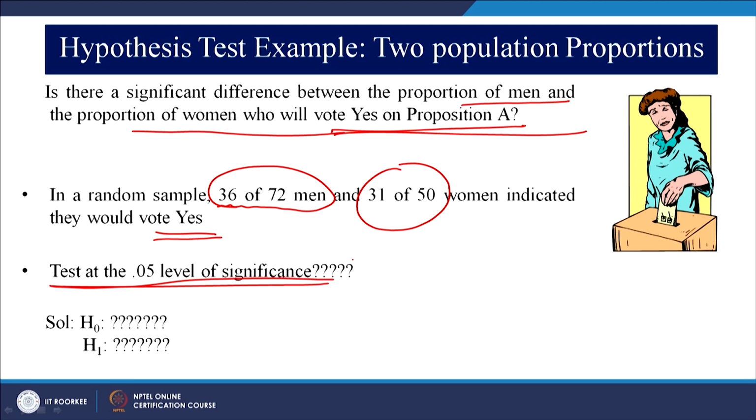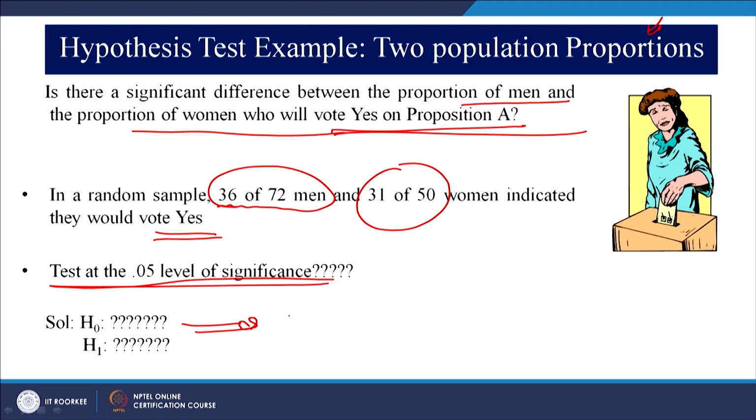So, you need to frame null and alternative hypothesis. So, how would you go ahead? This is a question on hypothesis testing of proportion, and there are two populations, right. So, null hypothesis would be what?